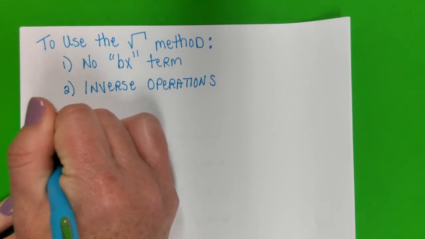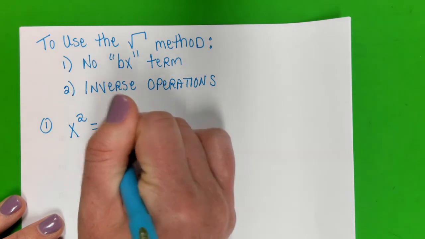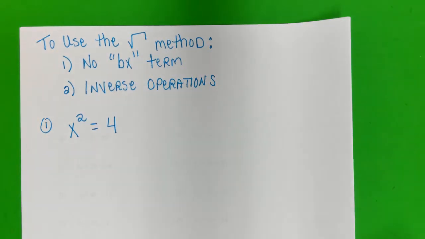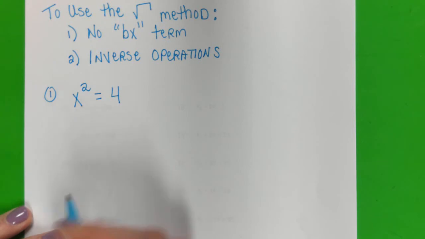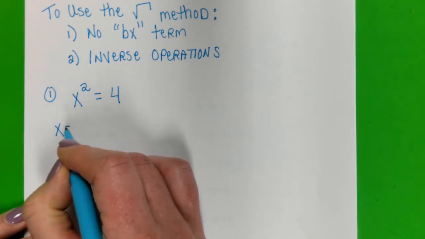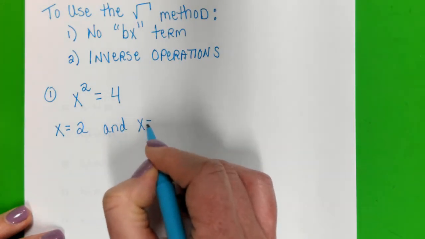Okay, so let's just start basic. We've previously looked at this problem. And we talked about that x could be what? It could be 2 and it could be negative 2, right?